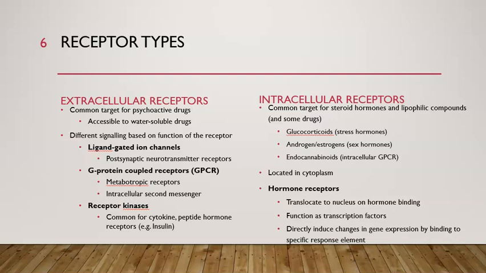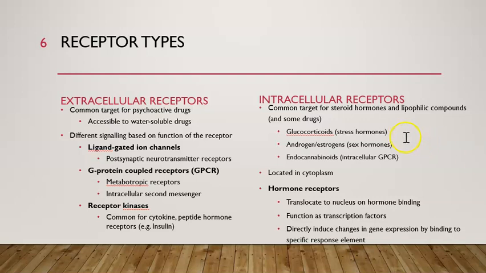Then we've got our intracellular receptors, and these are very common targets for hormones and lipophilic compounds. Now, some drugs do go there, but most drugs tend to bind extracellularly.